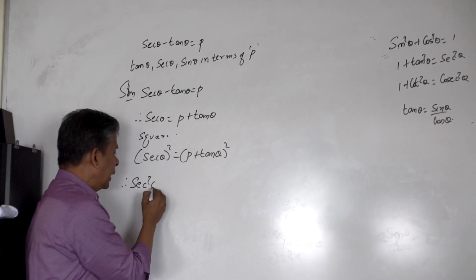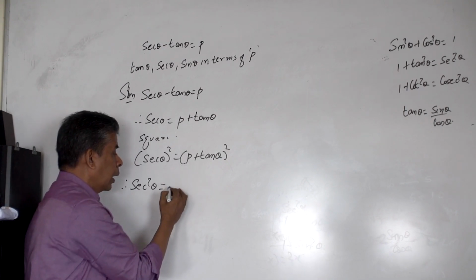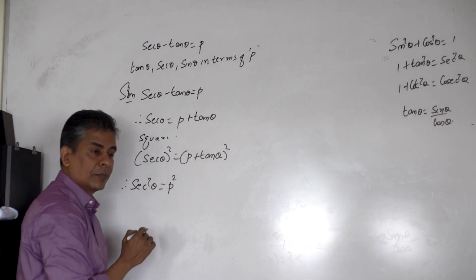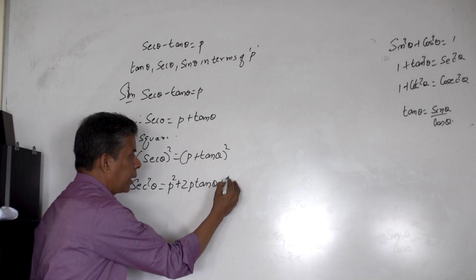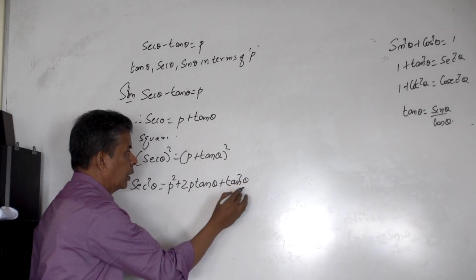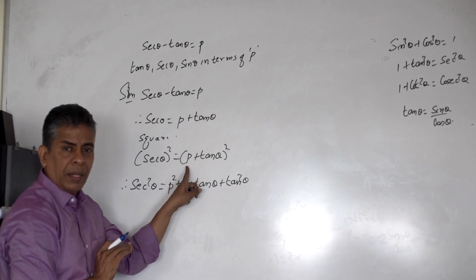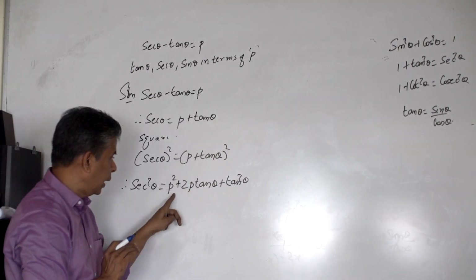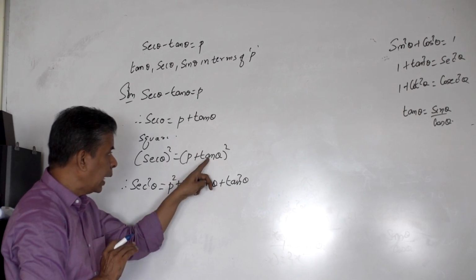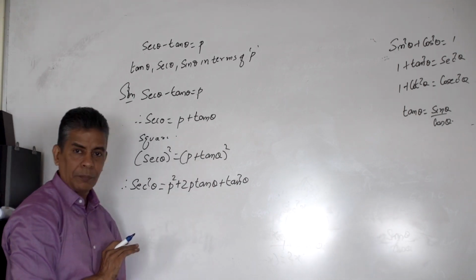Therefore, sec square theta is equal to P square plus 2P tan theta plus tan square theta. Note, which formula did we use here? A plus B the whole square is A square plus 2AB plus B square.